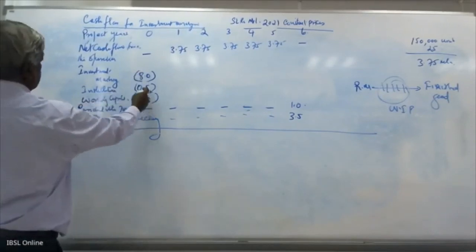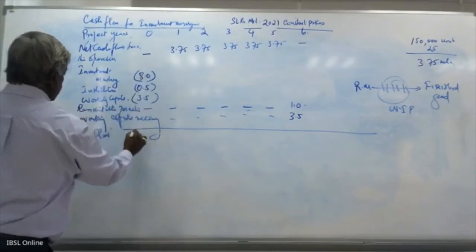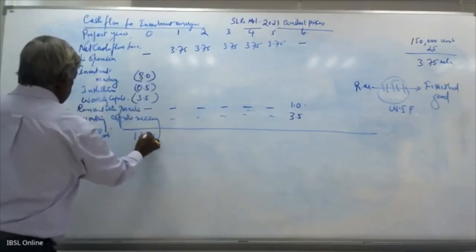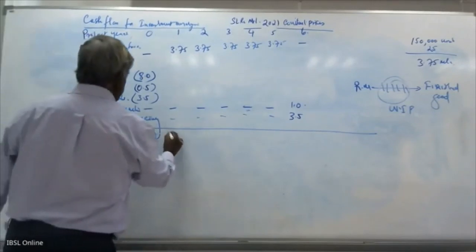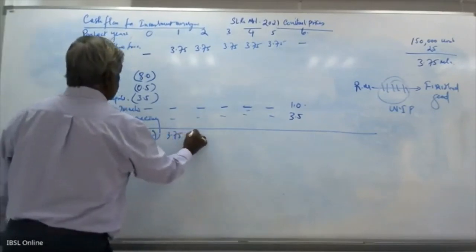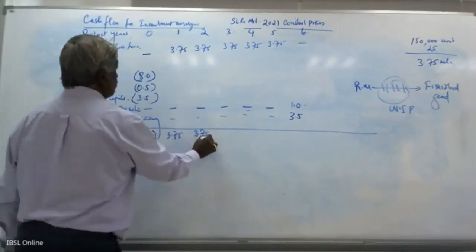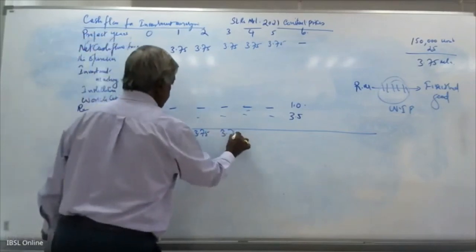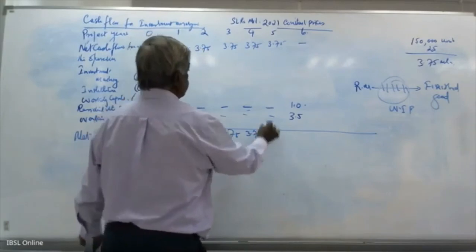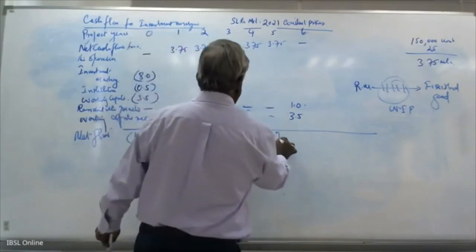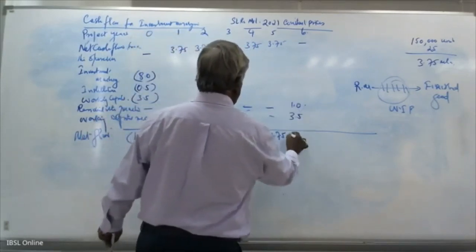Here, 12 million within bracket. Here, 3.75, 3.75, 3.75, 3.75, 3.75, 4.5.